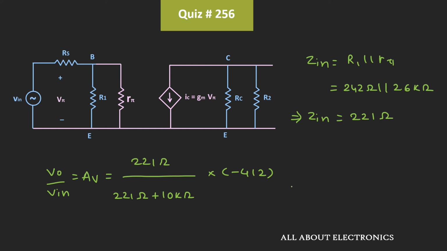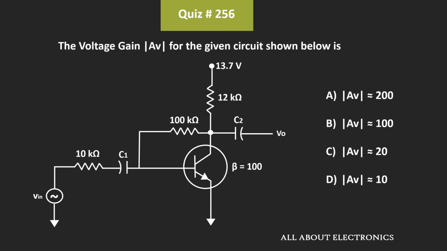That means overall voltage gain will come around as minus 8.9. If we just take the magnitude, this overall voltage gain will be approximately equal to 9, which is close to 10. So from this we can say that for the given question, D is the correct answer.